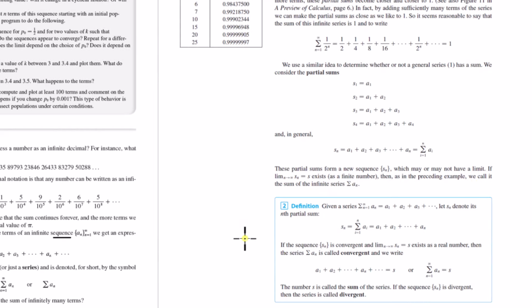Okay, and with that, we come to this definition here. This is the main definition of this section, because it's in this definition where it defines what a series is and what it means for a series to be convergent or divergent, right? That's the main purpose of these first 2 sections.